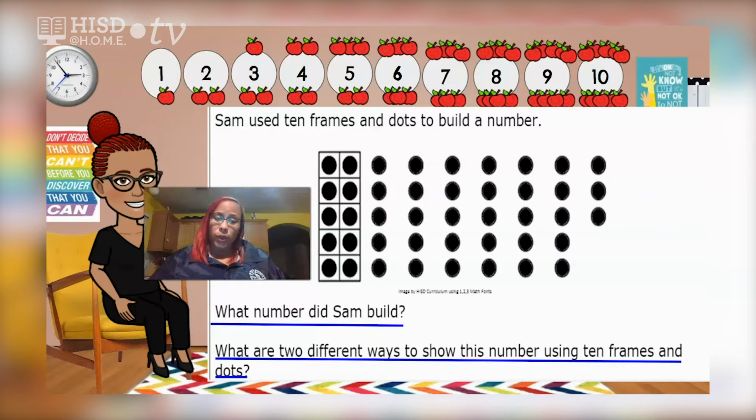What is 33 and 10 more? You might need to count all of them to help you. I'll give you time. Try it one more time.